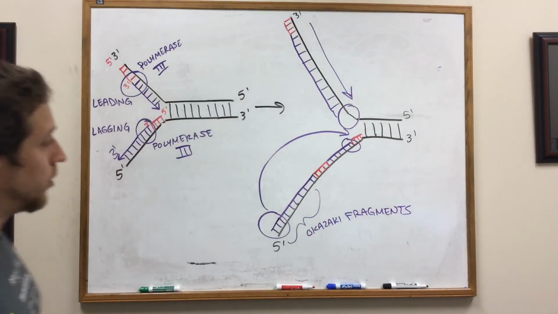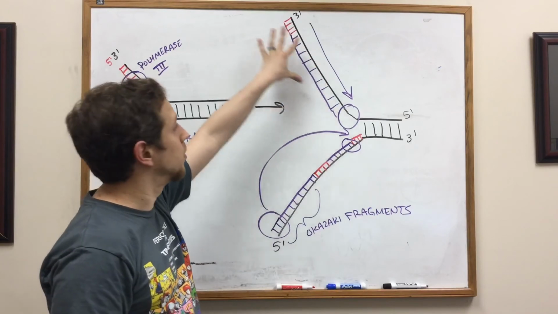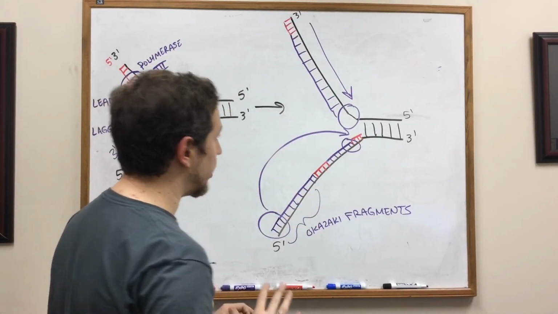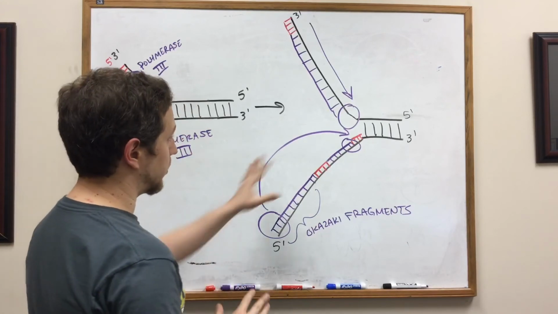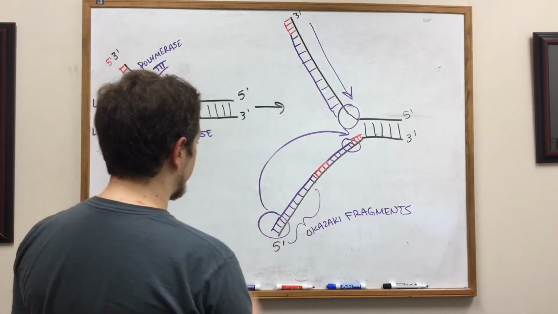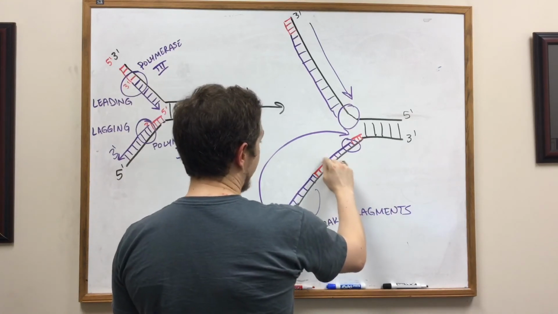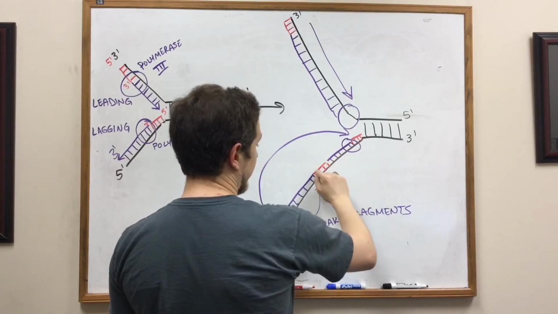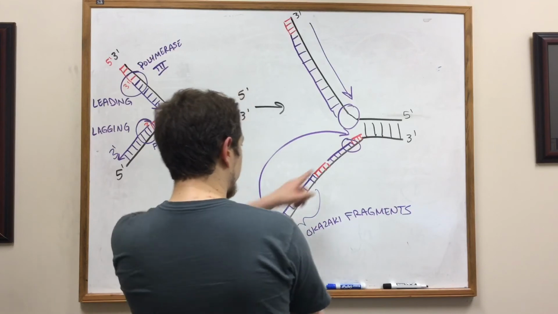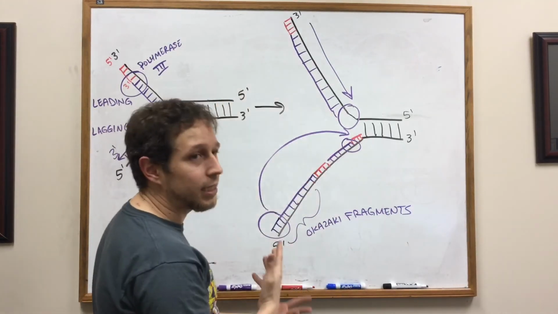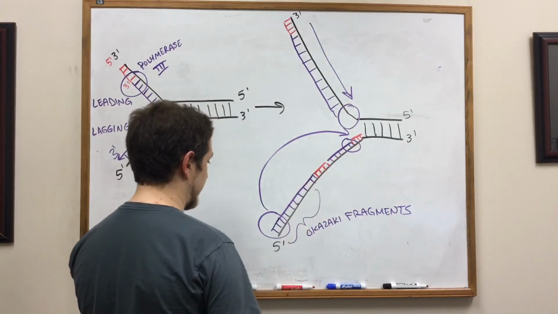Now, after we're done synthesizing all of this material, so after we have fully opened up and synthesized portions of this, there's going to be another event that happens. Namely, there's a gap here between this DNA and this RNA primer, but we also want to replace that RNA with DNA. We don't need RNA in our DNA sequence. We want it all to be DNA.